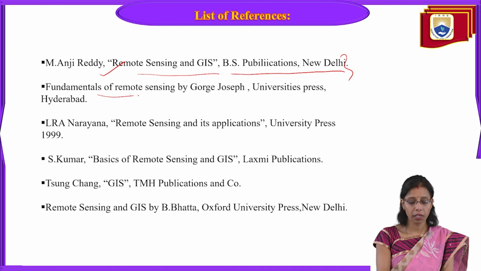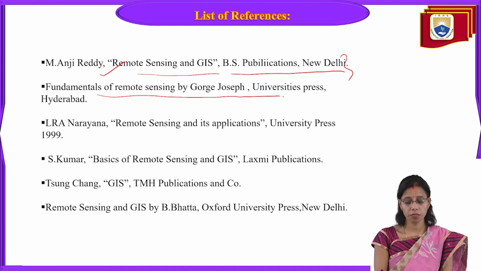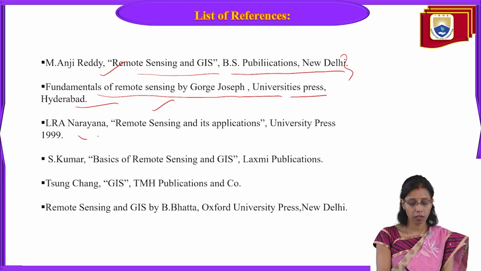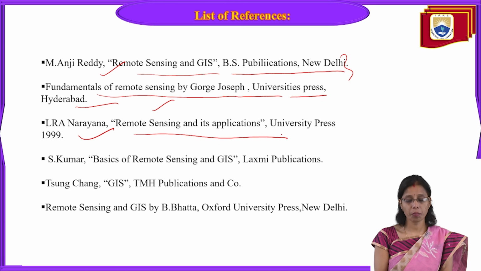Then you have Fundamentals of Remote Sensing by George Joseph, University Press, Hyderabad. If you want to know about the fundamentals of remote sensing, you can go through this book also. For some more references we have here, like LRA Narayana, Remote Sensing and its Applications, S. Kumar, Basics of Remote Sensing, and Tim Chang, GIS.